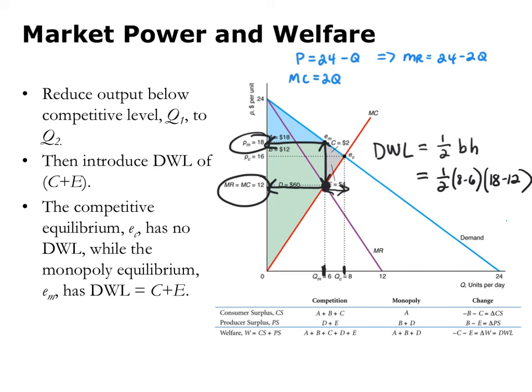Now we have the information needed to calculate the deadweight loss, which is 1/2 of 2 times 6, which is an area of 6. This is measured in dollars. So what this means is that the monopolist produces too little and causes a loss in total surplus of $6.